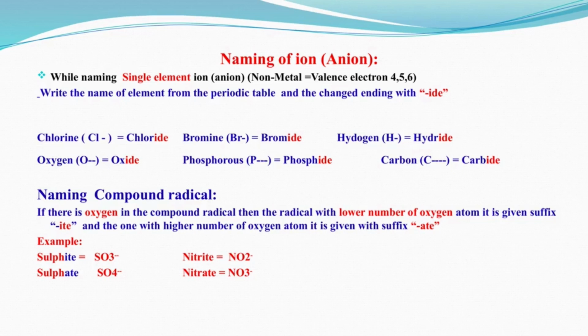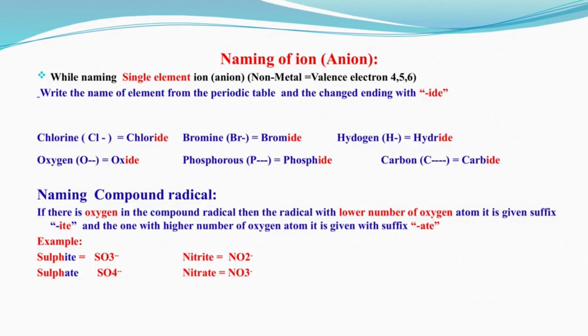The suffix for the higher number of oxygen atoms is ATE. So if ATE or ITE is there, you have to understand that oxygen is involved in that compound radical.